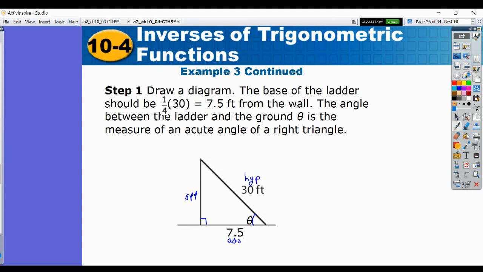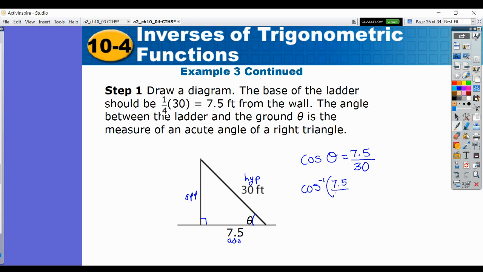So go back to SOHCAHTOA. We have adjacent and hypotenuse, so we're going to use cosine of theta is 7.5 adjacent over 30 for the hypotenuse. That's my setup.